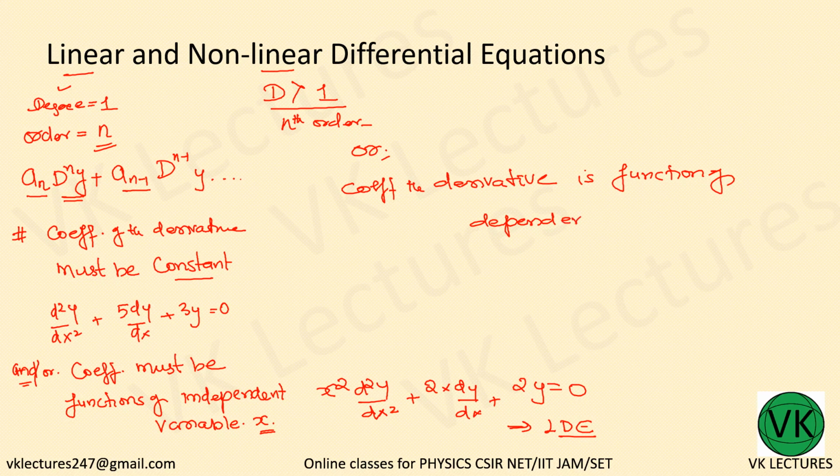A good example is d square y by dx square plus y dy by dx plus 6y equal to 0.